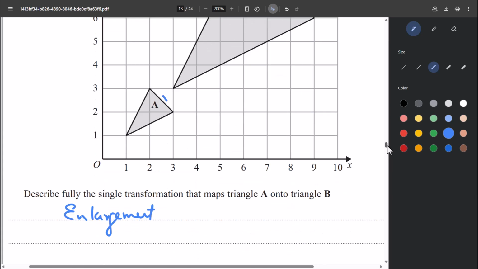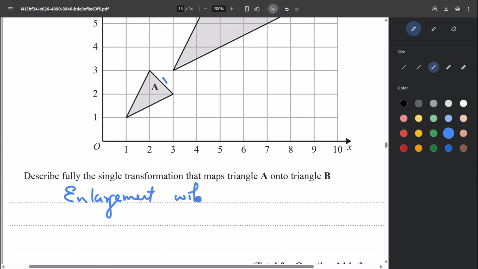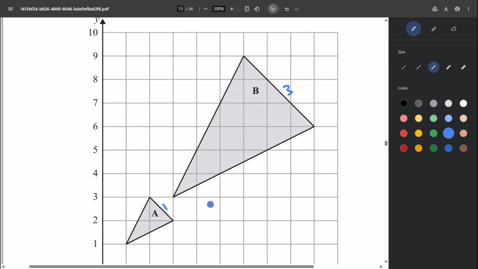So this is an enlargement with a scale factor of 3. All right, so that really describes this enlargement.